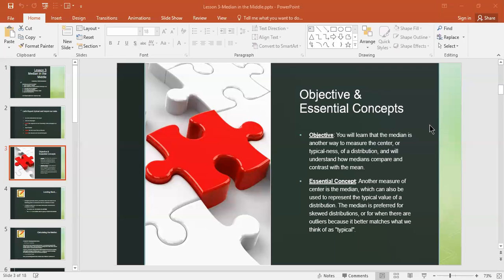Our essential concept, the main takeaway for today's lesson, is that another measure of center is the median, which can also be used to represent the typical value of a distribution. The median is preferred. Now pay attention to this because it's telling you exactly when it's better to use a median instead of a mean.